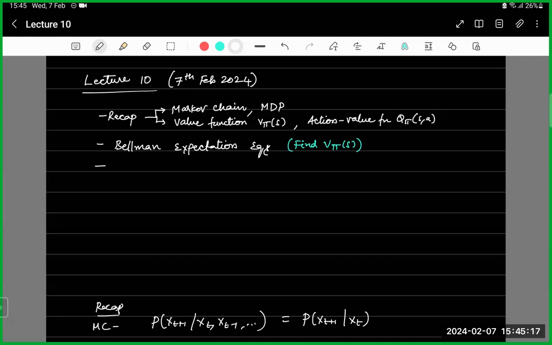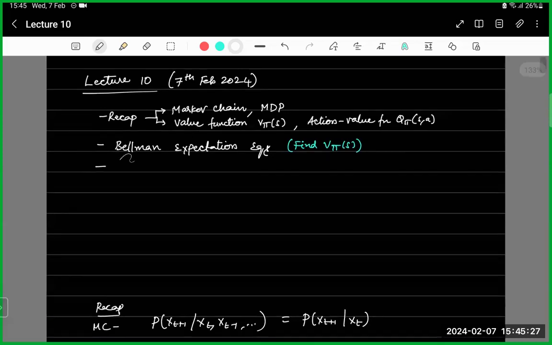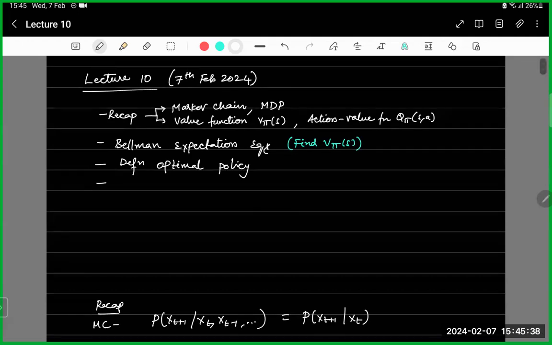For every state S you have a V pi of S. So it's not one particular number, it's a vector. So we have to define the optimal policy carefully. We'll also see under what conditions even an optimal policy exists.